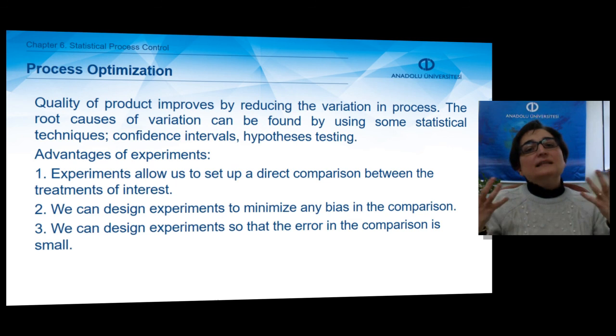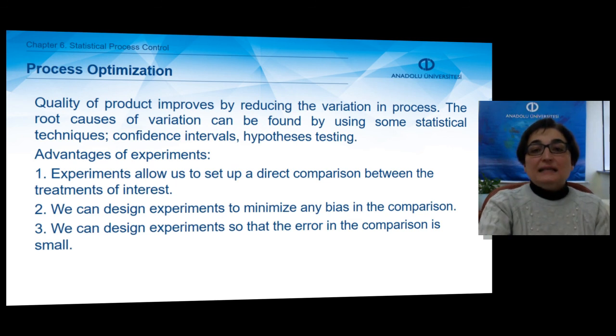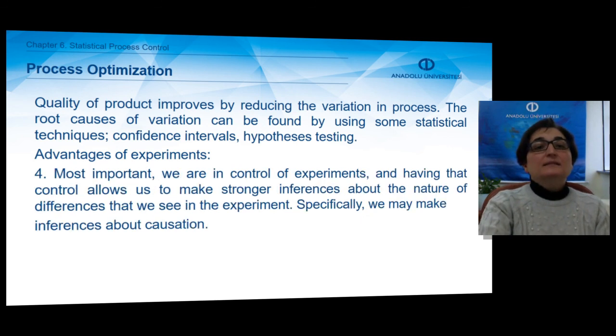So we can design experiments so that error in the comparison is small. Most important is control of experiments, and having that control allows us to make stronger inferences about the nature of differences.